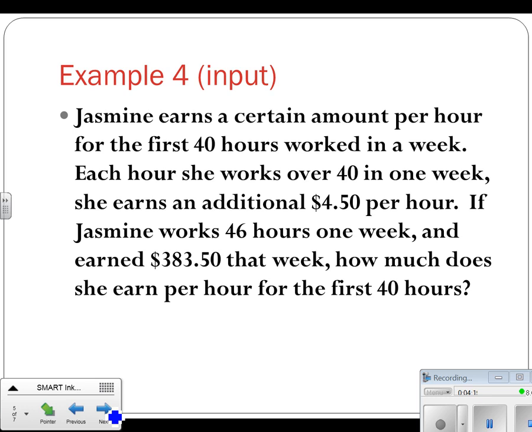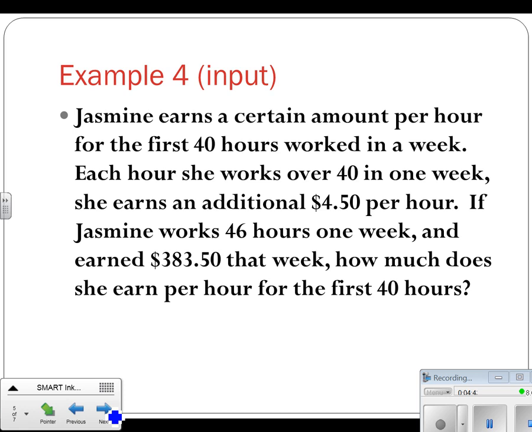So she's getting overtime. If Jasmine works a total of 46 hours in 1 week, and she earns $383.50 that week, how much does she earn per hour for the first 40 hours? So we're essentially looking for her hourly rate. So we'll say H for what we're going to look for.